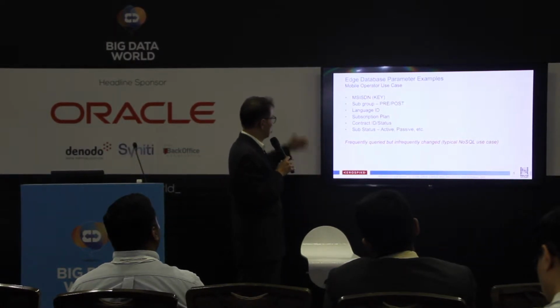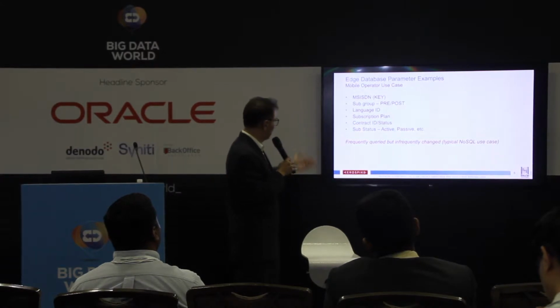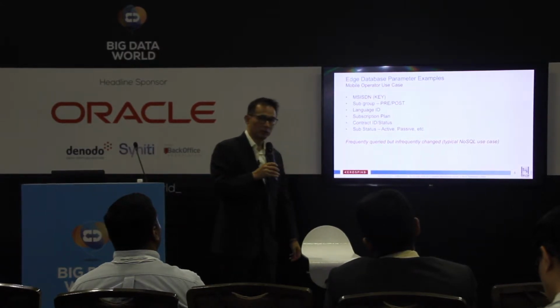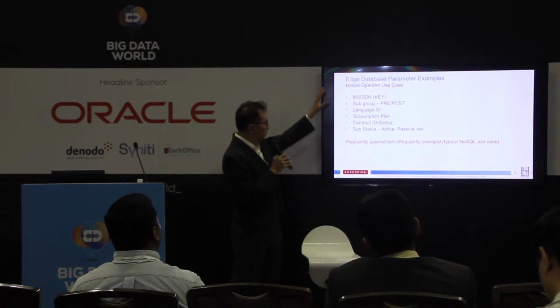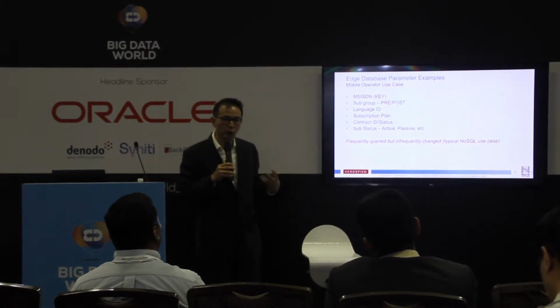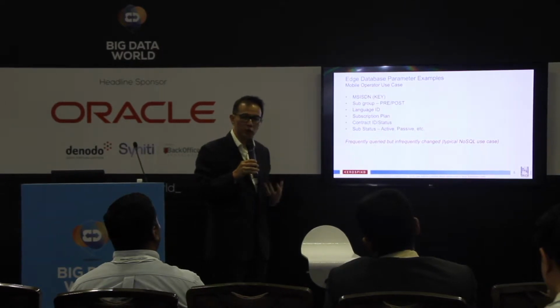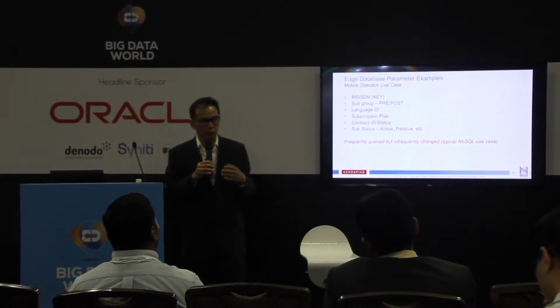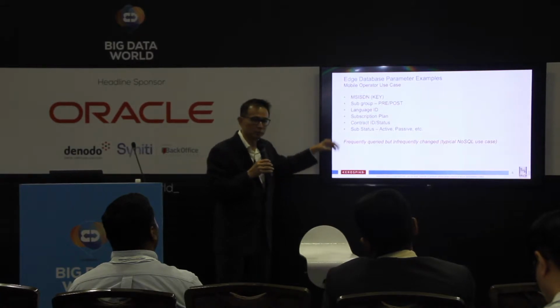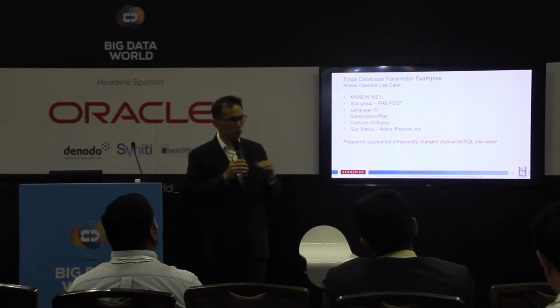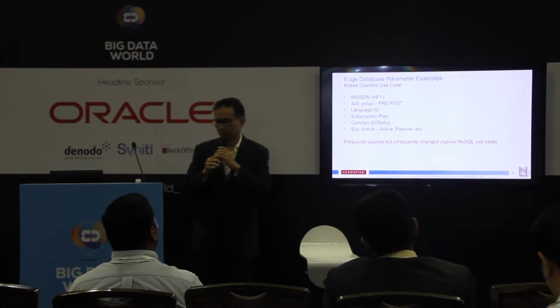Other parameters like subscription plan, contract ID, subscriber status. As you can see, these are frequently queried parameters, but very infrequently changed. So any parameters with this kind of characteristic are the ideal candidates to be cached in the Data Porter.